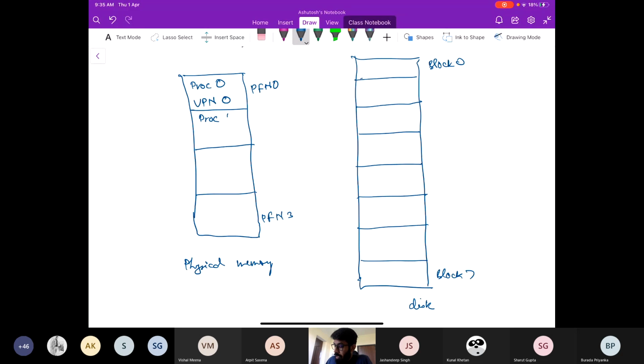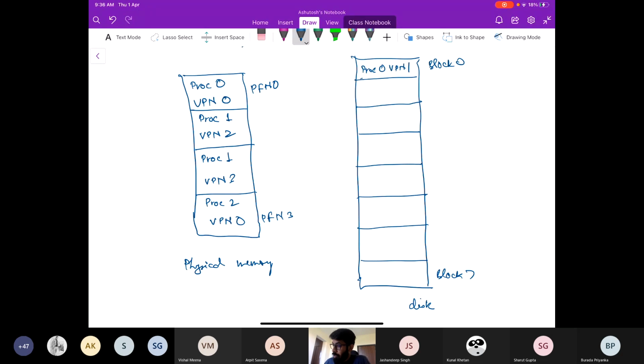Here is process 1, VPN 2, process 1, VPN 3, process 2, VPN 0. So at some point of time, maybe the physical memory looks like this, and maybe the disk swap space looks like process 0, VPN 1.